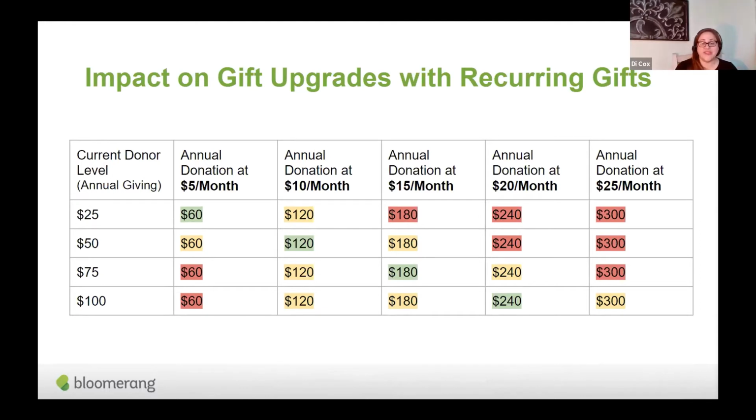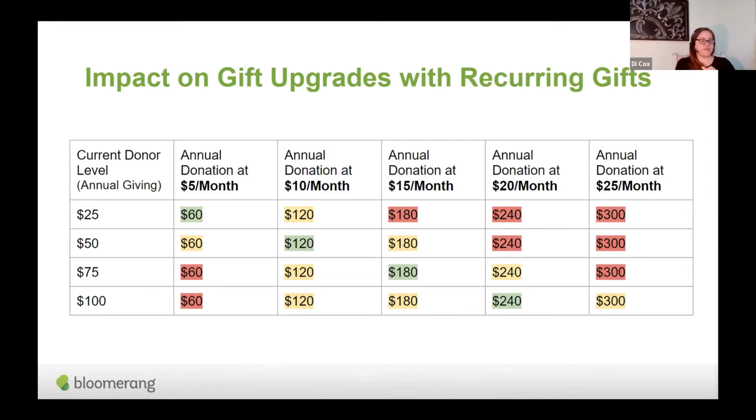So that is a really easy way to take those donors who give you $100 a year and get them giving $120 a year. $20 a month would be the target. It's a donation that more than doubles their annual gift, but it's not cost prohibitive for most donors who are giving $100 or more to your organization a year.